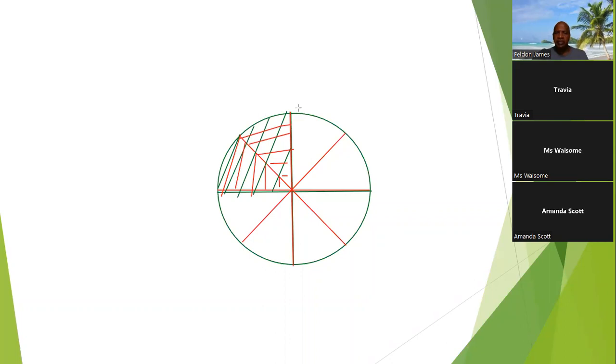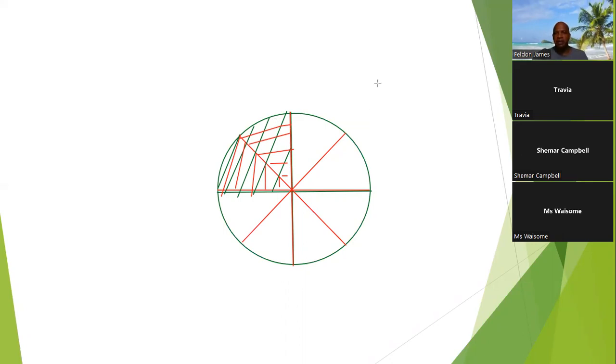So the green shaded part would be the shaded area. If you cut it up into 4 parts, that green part would be 1 slice out of 4. And the same shaded area that you have in the green parts, if you cut up the pizza into 8 parts, that shaded area now becomes 2 parts out of 8. So 2 parts out of 8 is the same as 1 part out of 4.